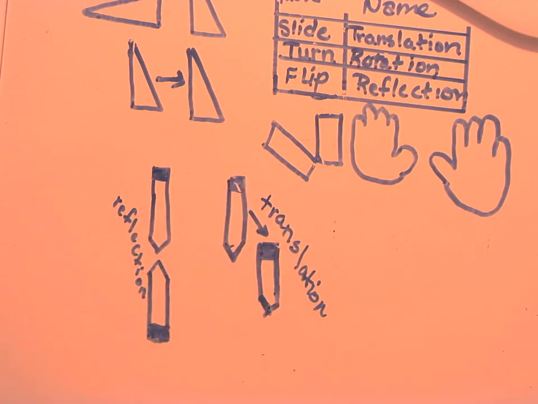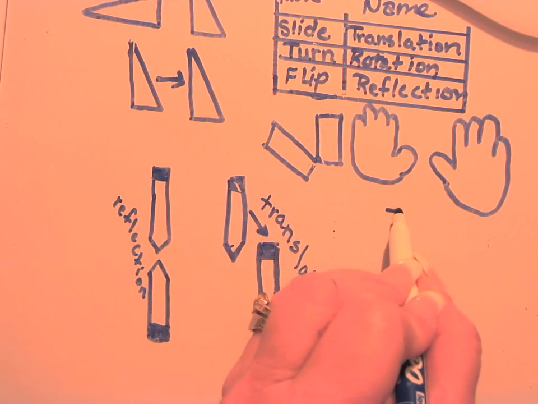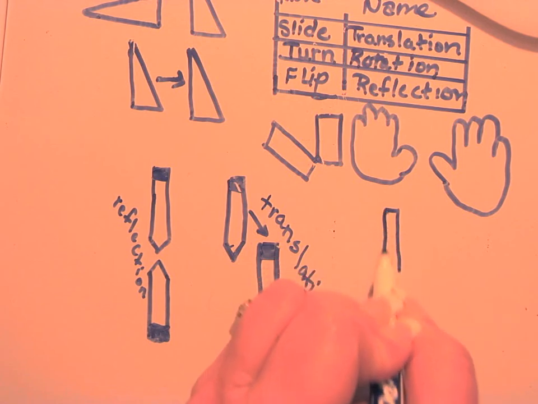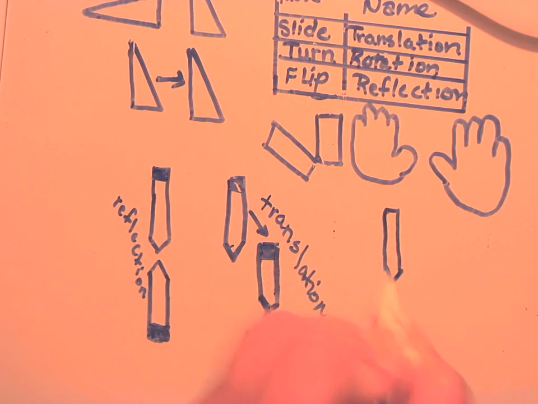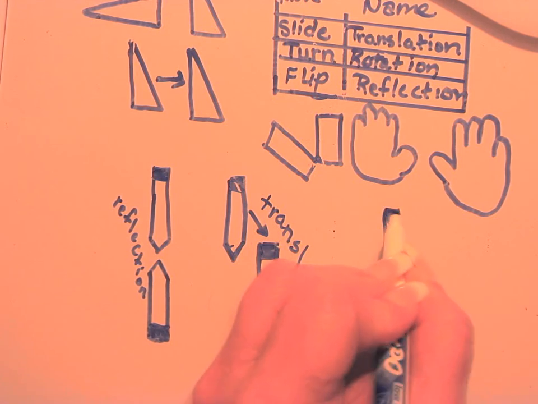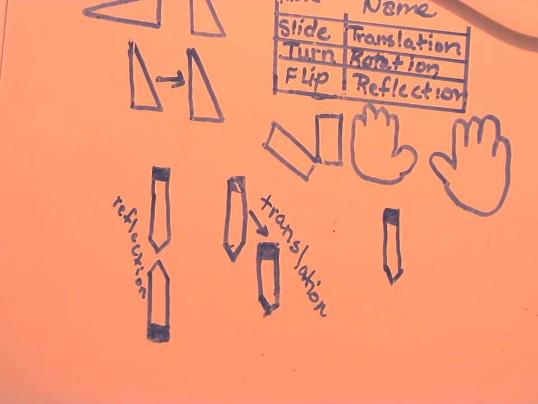The last one then that we haven't done yet is what? Hopefully at home you just said rotation. So we're going to do a rotation. We're going to take our pencil and draw it again. When you do a rotation, it doesn't matter which direction you go. I'm going to keep the pencil point the same point, so that little point's not going to change.